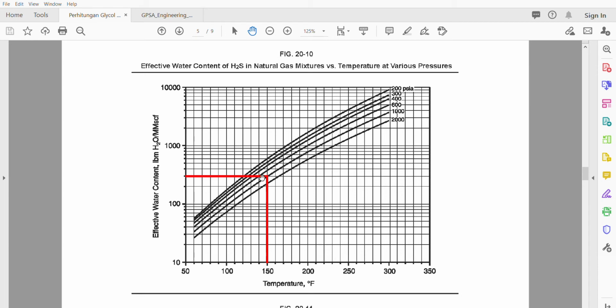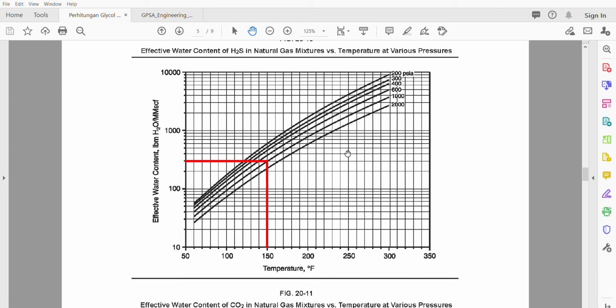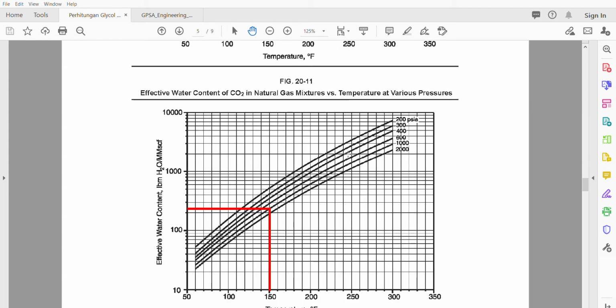And after this psi, we go to the line and we find out the water content of H2S, which is around 300 pound mass per million standard cubic feet. Okay, and then also the same thing for the CO2: 150 degrees, and find the pressure 1000 psi. Going to the left, this is around 200 something, 220 or something of a pound mass of this one.